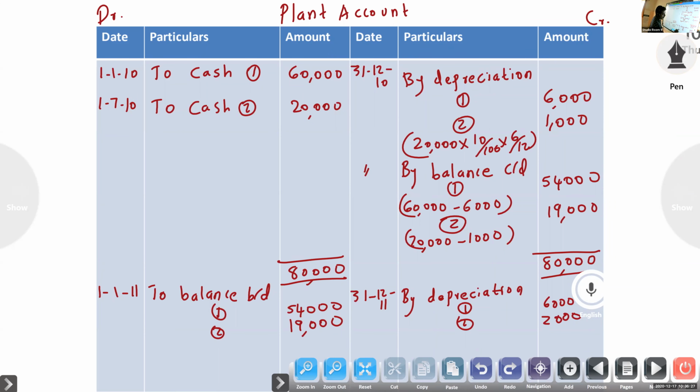Then by balance c/d, 54,000 minus 6,000, 48,000. Second one 19,000 minus 2,000, 17,000. So debit side total 73,000. You have to write in both sides 73,000.